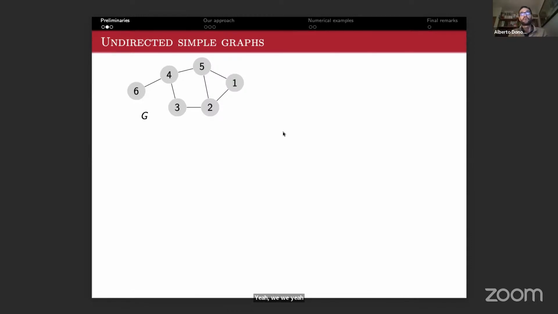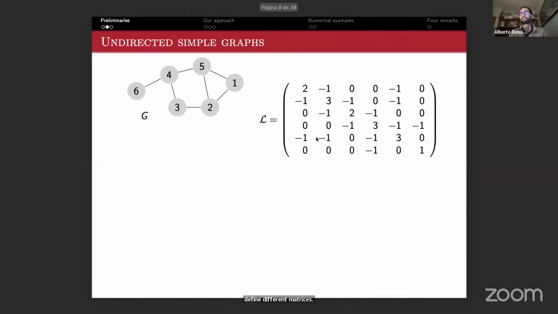Associated with a graph, we can define different matrices, and here we pay attention to the Laplacian matrix, which somehow reminds us of the topology of the stiffness matrix in topology optimization problems. It is built in a very easy way, and I will try to explain it briefly.